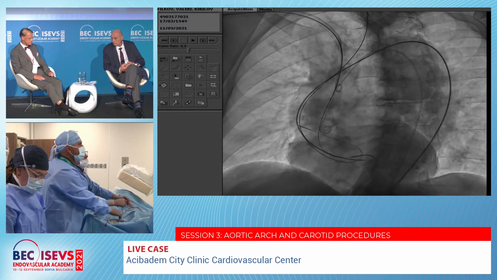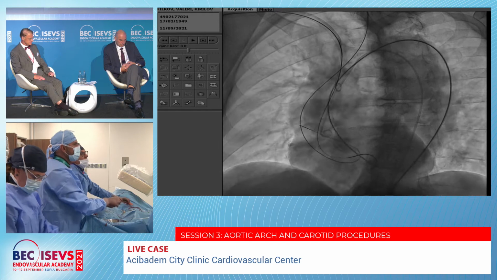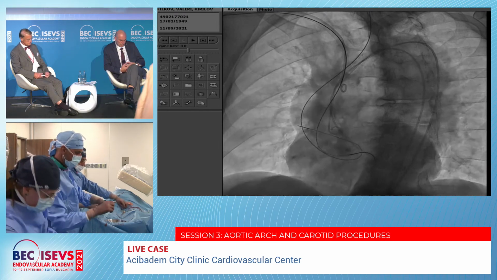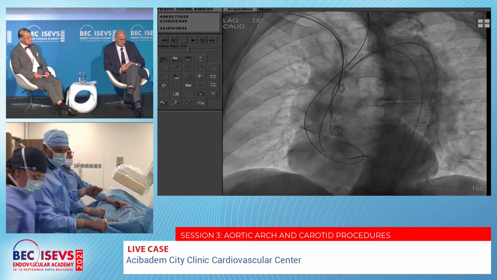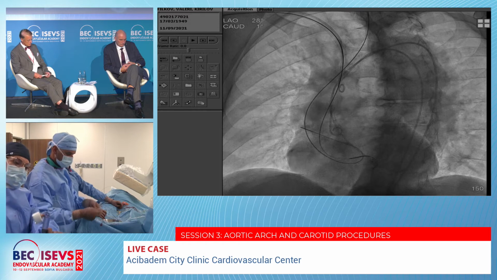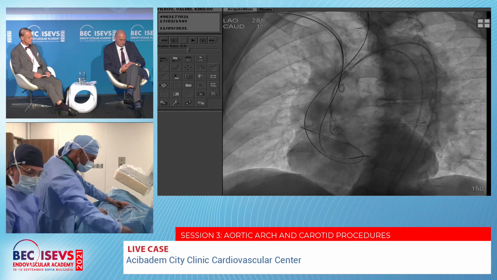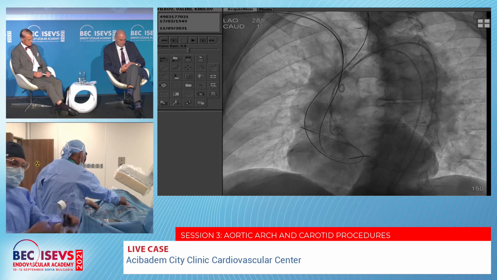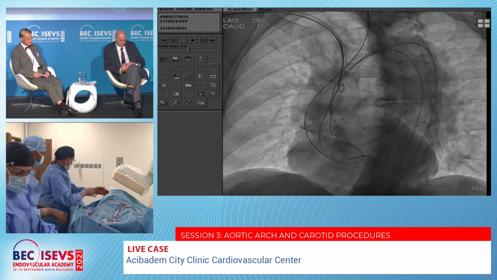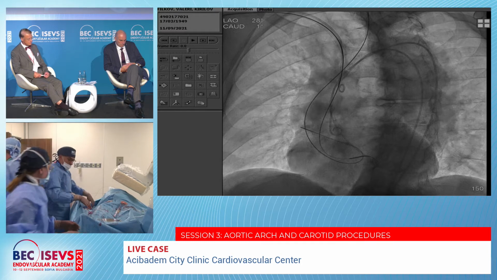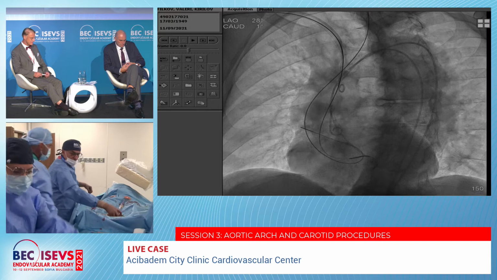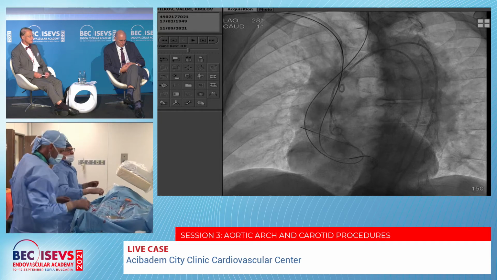Okay, I'm in the left ventricle now, and we are going to place here the Lunderquist that will support the aortic arch graft. So we are leaving the pigtail in the left ventricle until we are positioning the stent grafts from the ascending aorta to the brachiocephalic vessels.